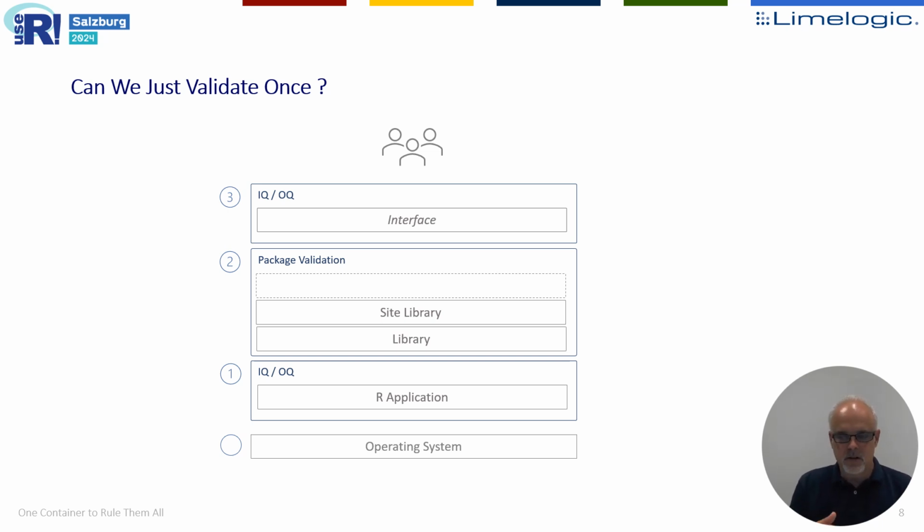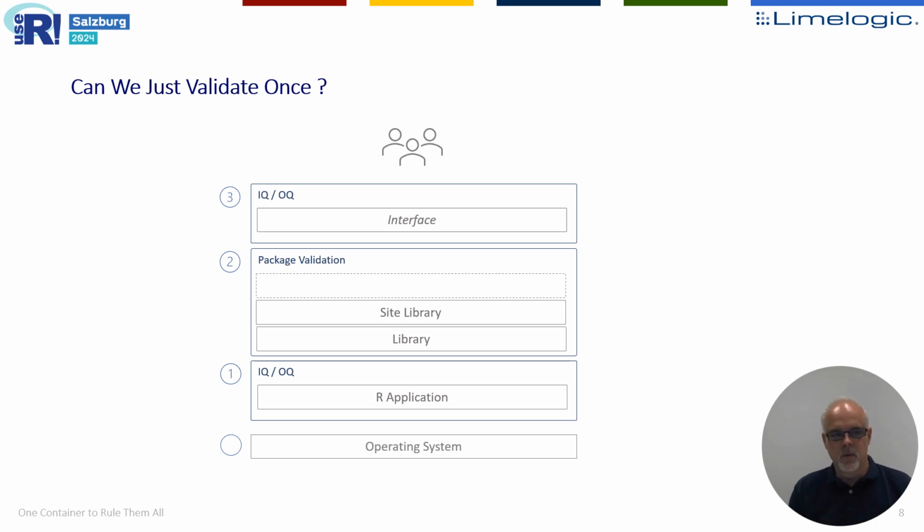So we could first create the R application in its own container, perform an IQ/OQ on that to provide the compliance documentation. Then we use that as a source for the container where we validate all the packages. And then we use that container with the validated packages as the source to add whatever interface we need to interact with R.